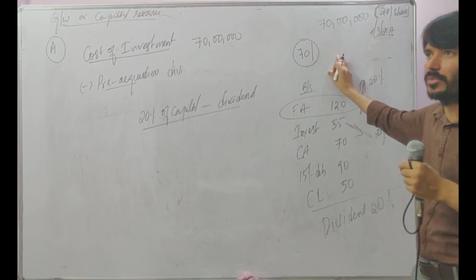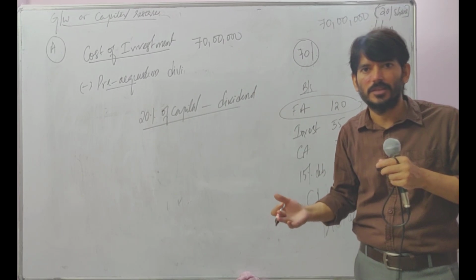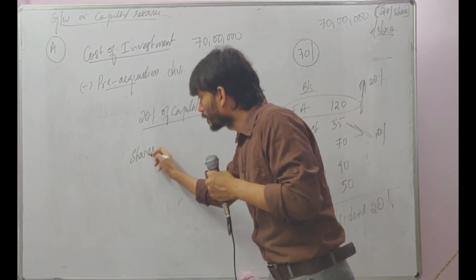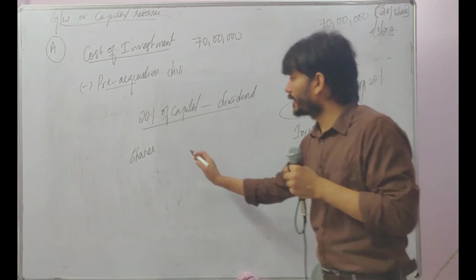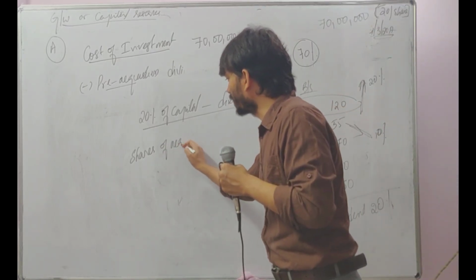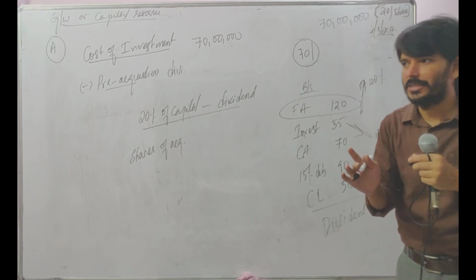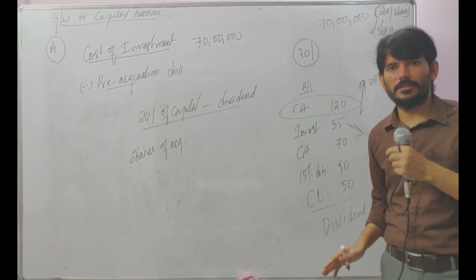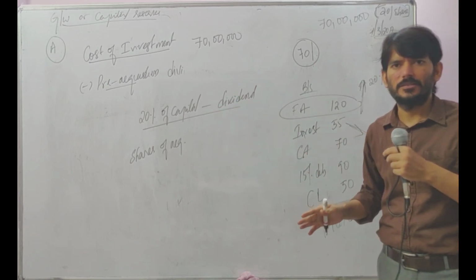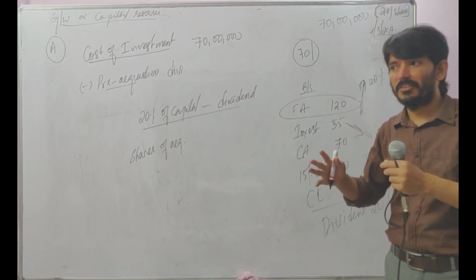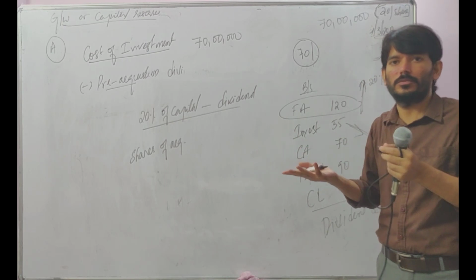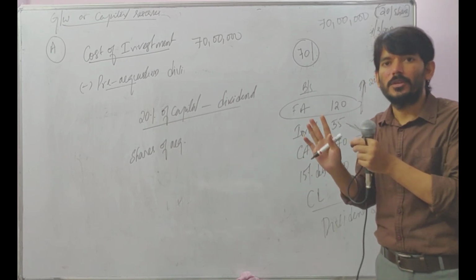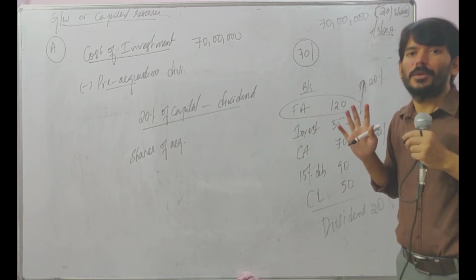In the question they have not said how many shares they are purchasing. Even the shares are not given, right? That we should find out: how many shares we acquired. See, if I'm X and I'm saying I'm purchasing your 70% and paying you 70 lakhs, that is an amount, but how do I know how much capital I'm getting?